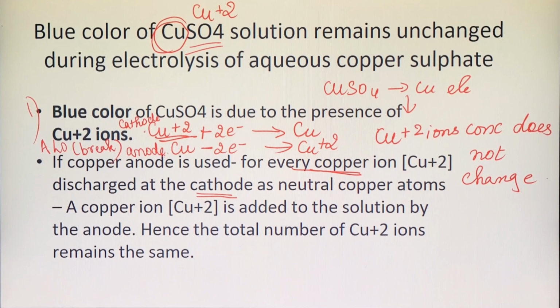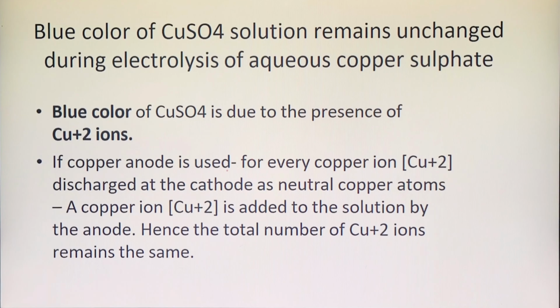So can you see here? At one place, my Cu2+ is being used up. But at the very same time, one Cu2+ ion is being produced. So please remember this. For every copper ion that is discharged at the cathode, a new Cu2+ ion is falling down into the solution by the anode.